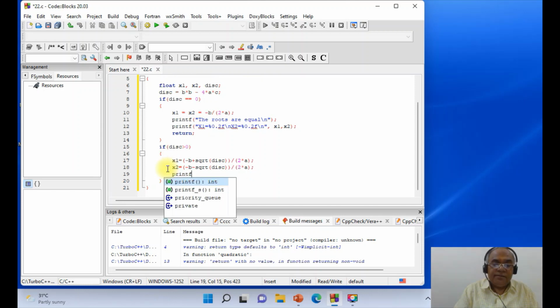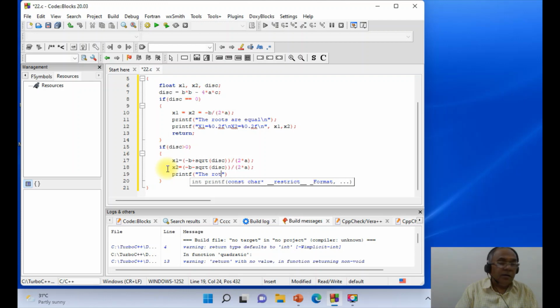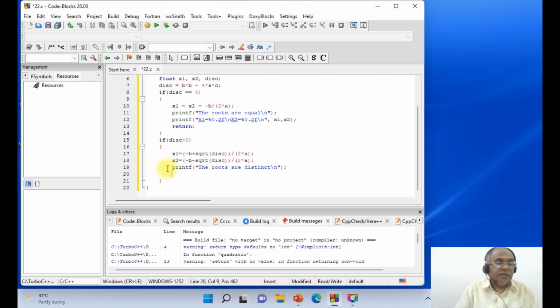Then printf the roots are distinct, \n. Then printf x1 equals %0.2f \n, then x2 equals %0.2f \n.